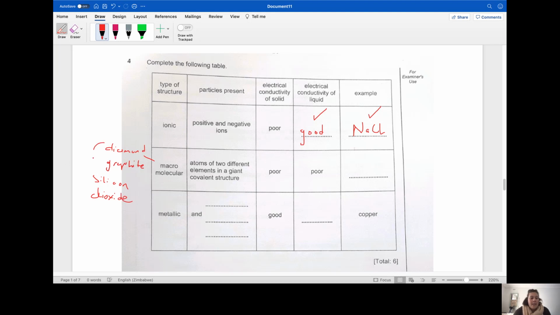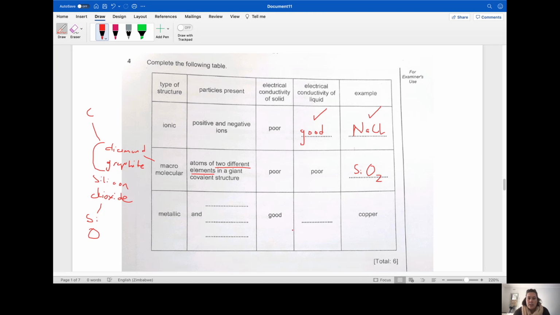Then you need to remember that diamond and graphite are only made of carbon. Silicon dioxide is silicon and oxygen. Okay, this should all be going on in your head as you read this. So now they tell you atoms of 2 different elements. Okay, diamond, graphite, or silicon dioxide. Which one has 2 different elements? Silicon dioxide.